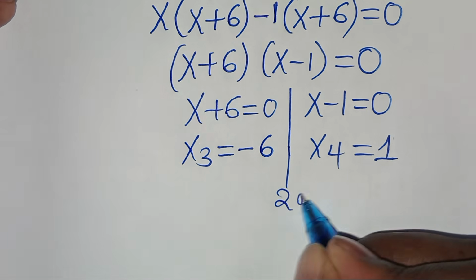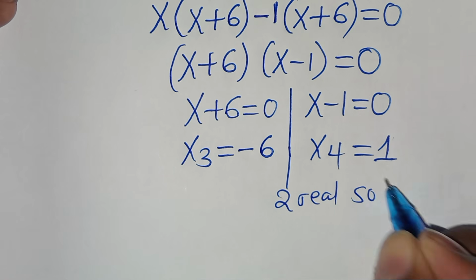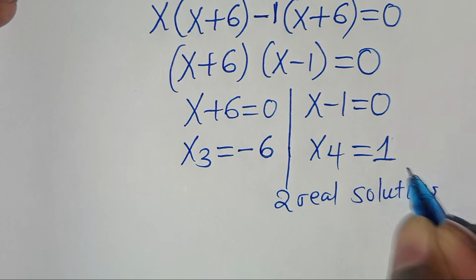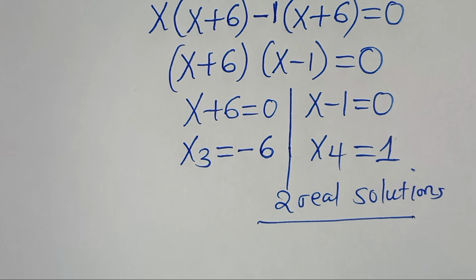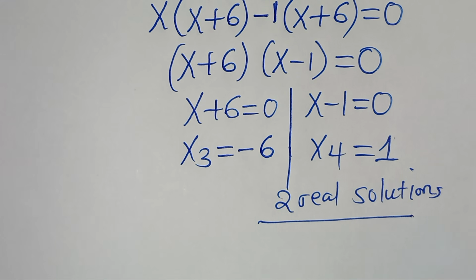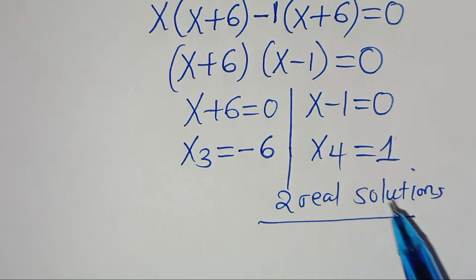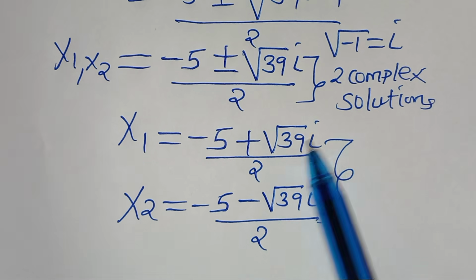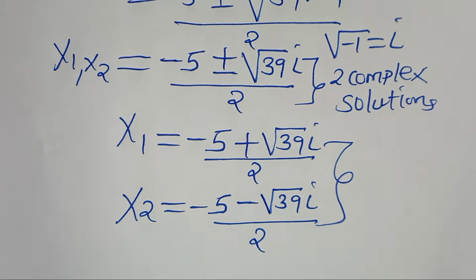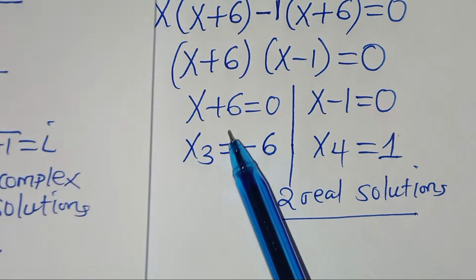These are two real solutions for this algebra problem. So in total we have got 4 solutions: 2 real solutions and 2 complex solutions. These are the 2 complex solutions and these are the 2 real solutions.